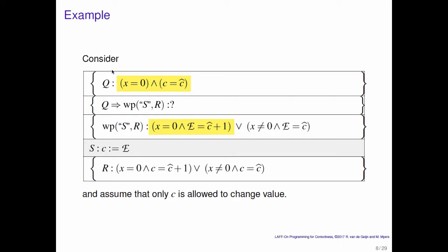So, guided by that, we choose our expression to be c plus 1, and then we know that Q implies the weakest precondition, and therefore we have a correct code segment. So we now have determined that that expression should be c plus 1.